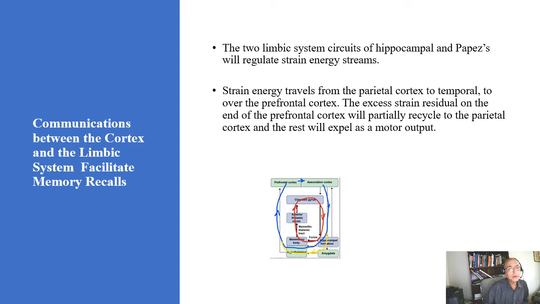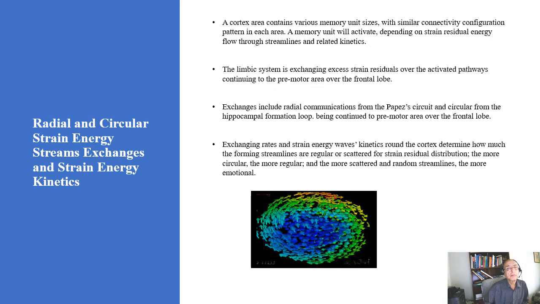The potential gradient of the strain residuals around the cortex layers is based on activation of the neural networks that will activate by radial communication of the limbic system with the fourth layer of the cortex.